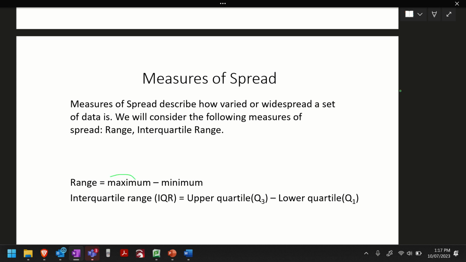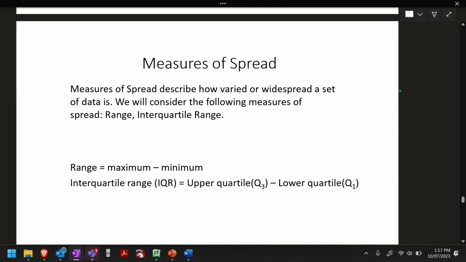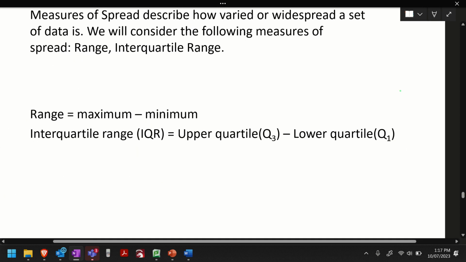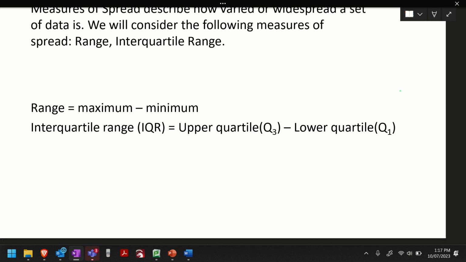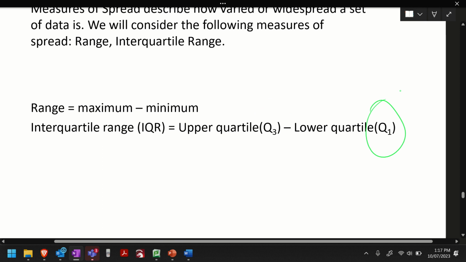It's basically the maximum minus the minimum. Interquartile range, however, is a little bit different because what that's looking at now is the range between the Q3 and Q1. All you're doing for IQR or interquartile range is get your Q3, minus the Q1. That's all it is. Not hard.